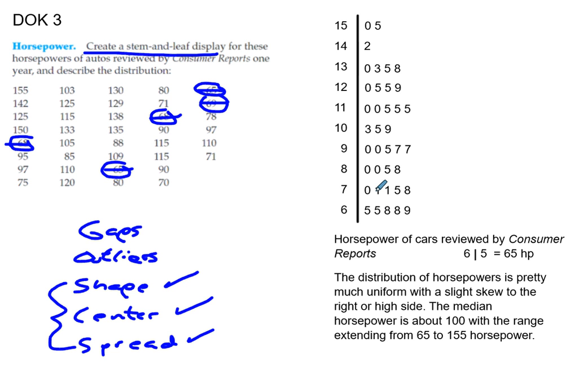That's fine too, as long as you get a sense of where somebody looking at this could say, yeah, most of the horsepower falls within here and here. Usually when we mention the IQR, it's because that's where the most values are, but it's not necessarily the case. Since it's pretty much uniform, you're going to have as many on the outskirts as you are in the central 50.